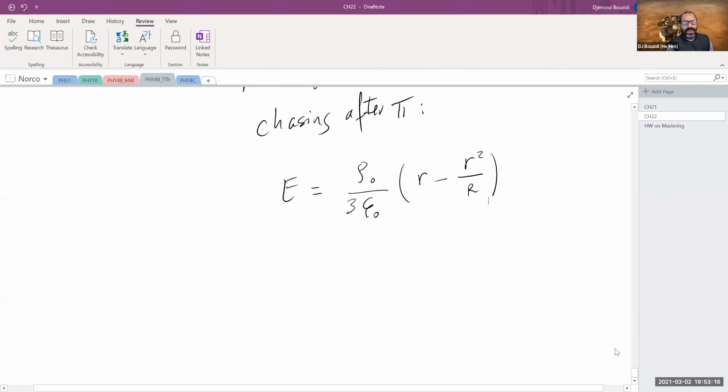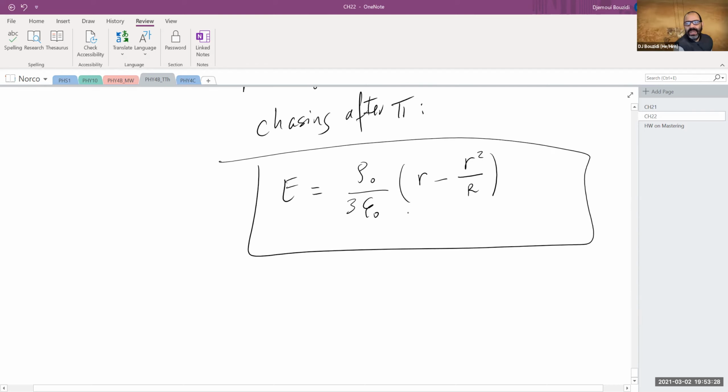I could plug this in as a function of r, or rather, because probably they will ask me that, okay? So this is the answer to the question, to find the function of the electric field inside. So it's not linear as we found earlier, but this is a quadratic in r because of this term, okay? Again, we're dealing with a problem that is a non-uniform distribution.